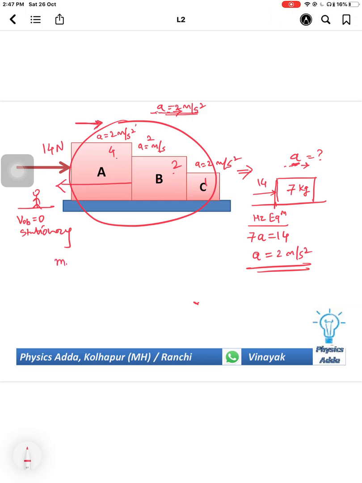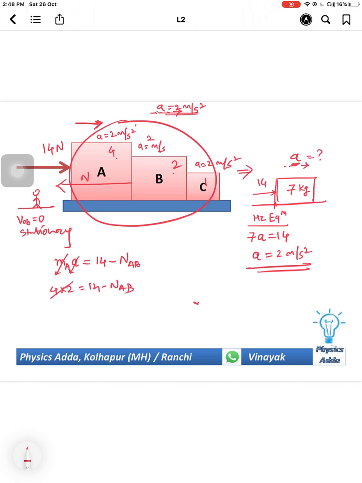So mass of block A into acceleration is equal to the force towards right, which is 14, minus the force towards left, which is the normal reaction N on A by B. So this MA, 4 into 2, is equal to 14 minus NAB.